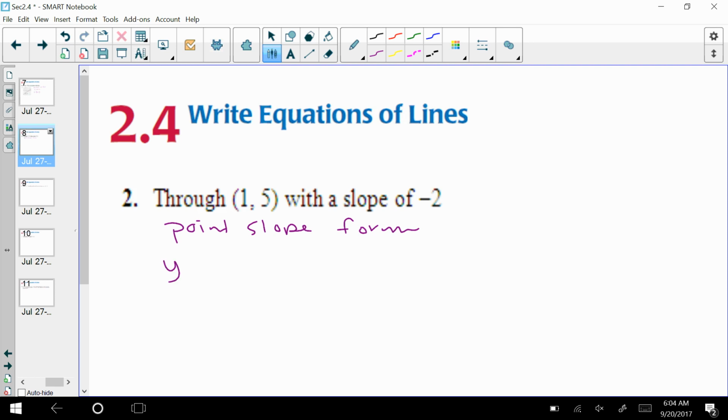And that's y minus y1 equals slope times x minus x1. Y minus 5 equals -2 times x minus 1.